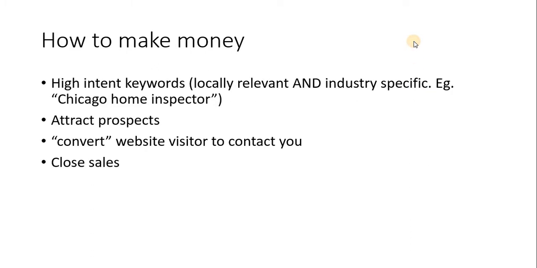So we're going to start off with everybody's favorite topic, how to make money, right? And that sounds cliche. It's important to note that SEO isn't going to be the solution to your business. If you have a sales issue, that's usually stemming from more than just your SEO.